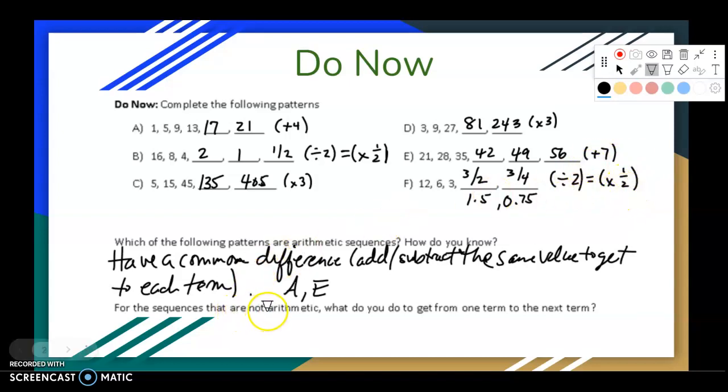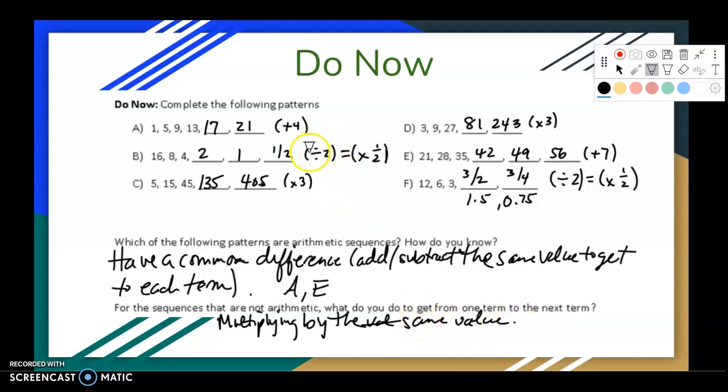So the sequences that are not arithmetic, what are we doing to get from one term to the next? We are multiplying by the same value. That's what we're doing to get from one term to the next.